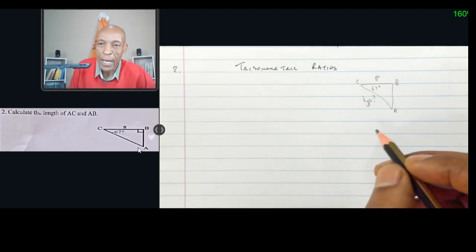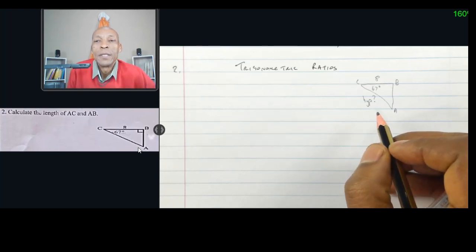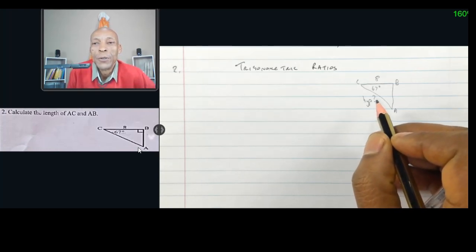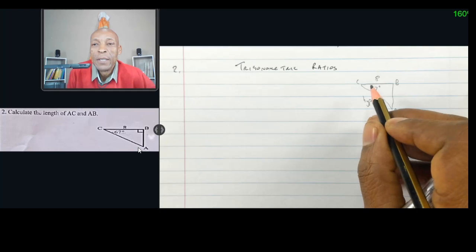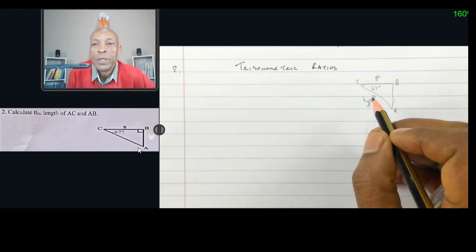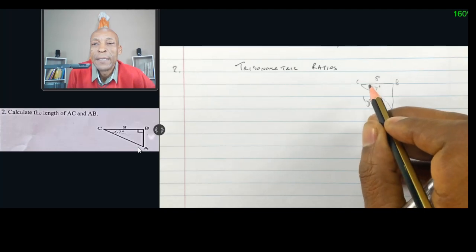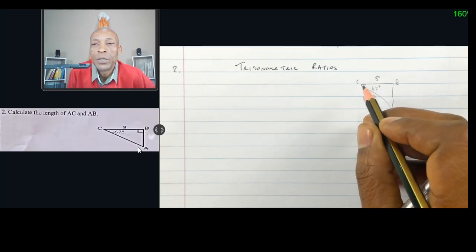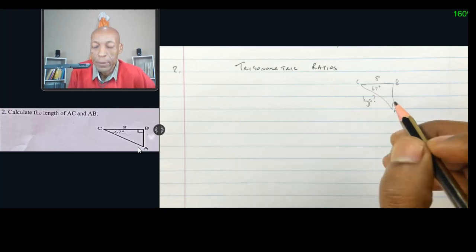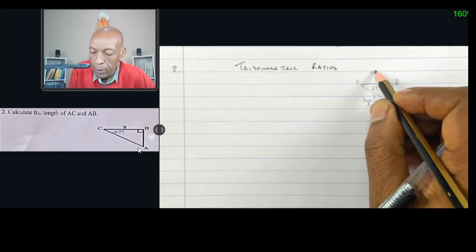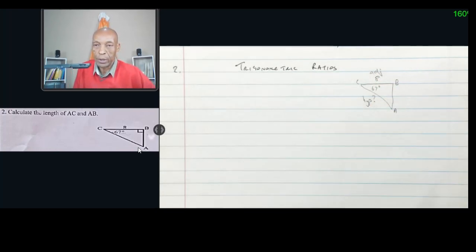And what do I have? This is where you need to know your story. This angle is between the hypotenuse and the side that is next to the angle. What do we call this side? We call it adjacent. Okay. So if I have adjacent, what do I use?